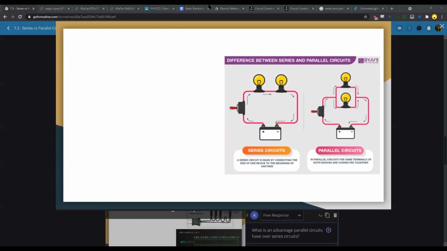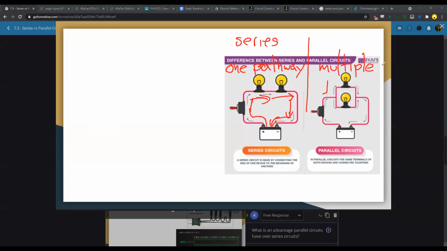So the main difference I wanted you guys to realize is that if you have circuits connected in series, there's really only one path for electrons to flow through. In parallel circuits, on the other hand, there are multiple pathways in which electrons can flow.